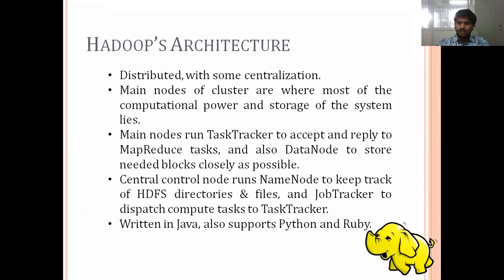The main nodes are clusters where most of the computational power and storage is at the system level. So how are we going to store and manage? The main nodes run the task tracker, to accept and reply to the map reduce tasks, and also the data node to store the blocks as close as possible.